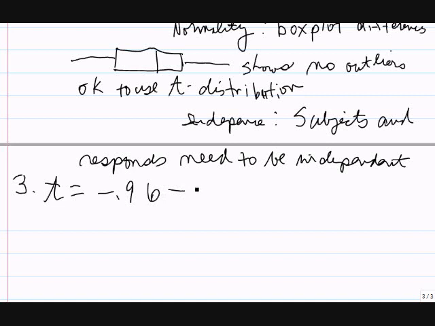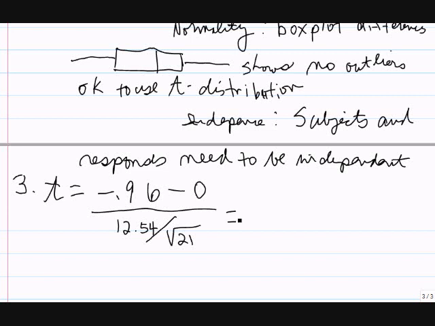Minus our hypothesized mean, which is 0, divided by the sample standard deviation on list 3, which is 12.54, divided by the square root of our sample size, 21. We have 21 pairs of people. Our list 3 only had 21 values in it. Our sample size is 21.